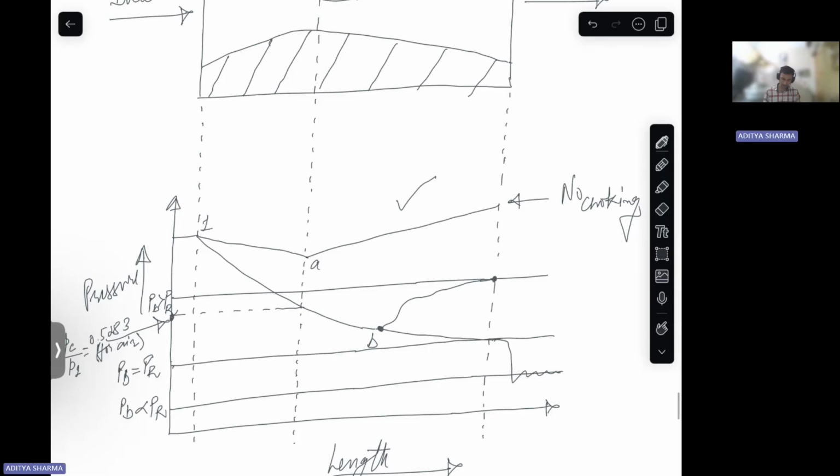So when your back pressure is greater than your exit pressure, this is called the overexpanded case, right? And when your back pressure is less than your exit pressure, then it is called underexpanded. Underexpanded means it still has the capacity to expand, right? And overexpanded means we cannot further expand it.